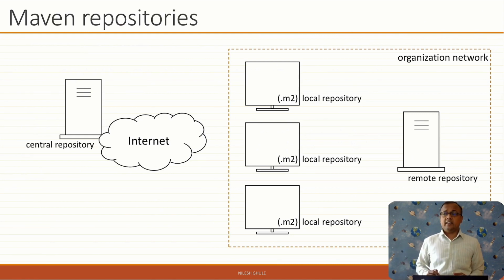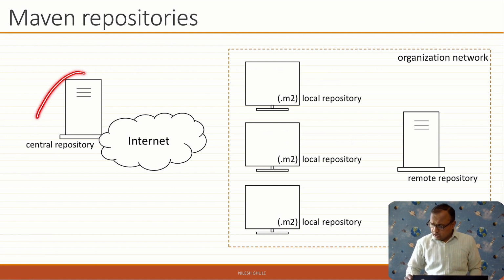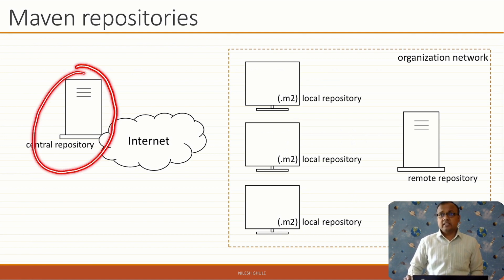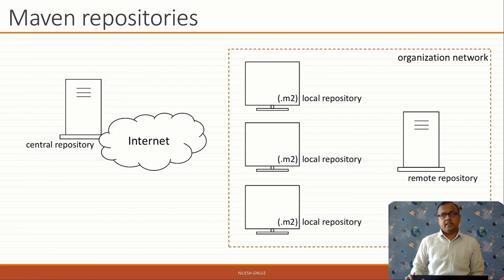Here you find that the Maven central repository is available on the internet. You can go to mvnrepository.com. That is a central repository. All frameworks and popular third party jars are published on this Maven central repository.